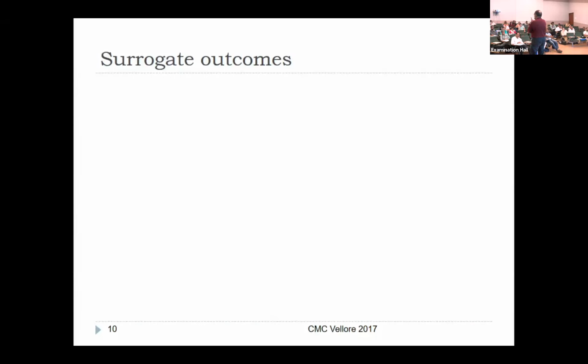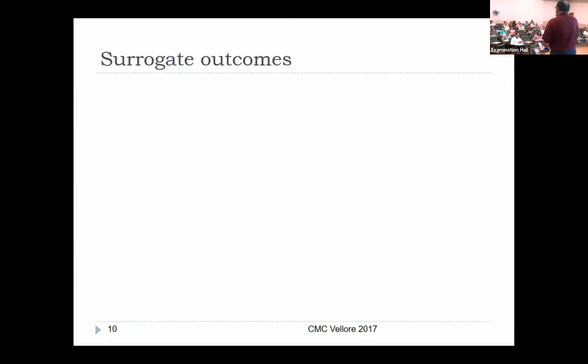Because of economic interest. But surrogate outcomes are outcomes that we can measure earlier that are correlated with the outcome that we're really interested in. And so sometimes studies are designed using as primary outcome one of these surrogate outcomes.